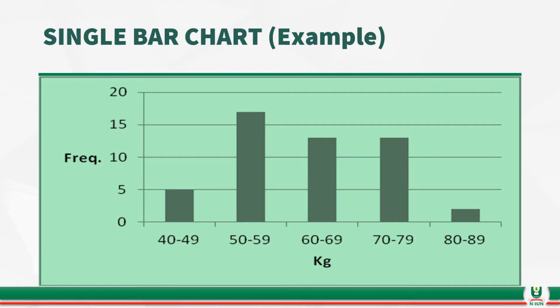You could see the classes 40 to 49, 50 to 59 on the horizontal axis, and then the frequencies at which they occurred on the vertical axis. 40 to 49 is 5, 50 to 59 is about 17, 60 to 69, 70 to 79, and 80 to 89. So this is an example of a bar chart. You can see that each of the bars is on its own.